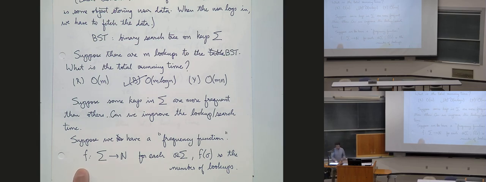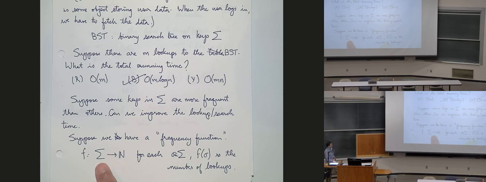This says that for every character, and I changed it from sigma to gamma because sigma looks like the summation sign, there's some universe of symbols, and for every symbol, the frequency f of that symbol is the number of lookups. It's the number of times that you're going to search for that element.